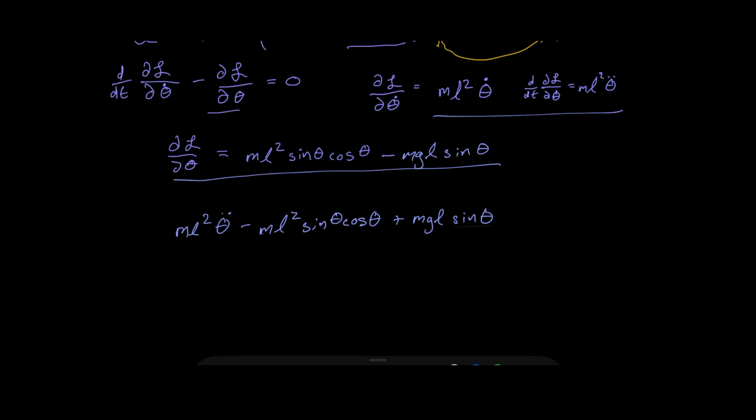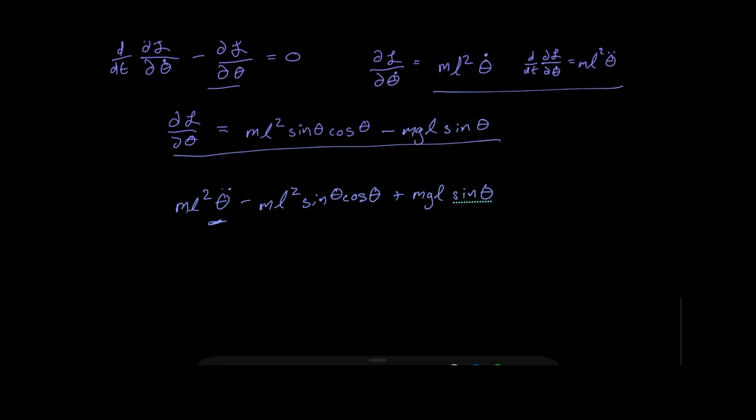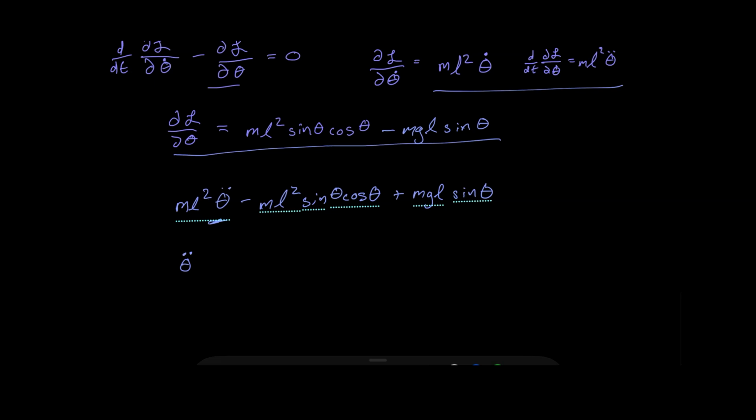Great. So we can divide everything to get this double derivative term alone. So we divide by ml squared, and we're going to get theta double dot, and we'll put everything on the other side right away, equals, ml squared goes away, this is now a plus sine theta cosine theta.